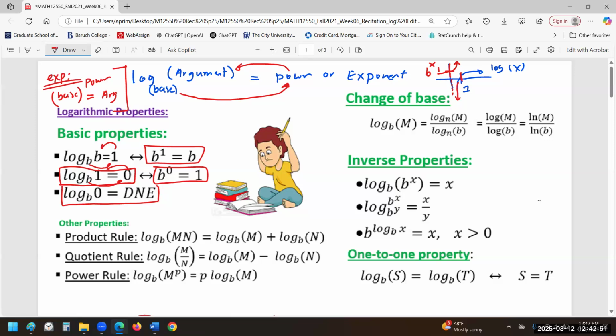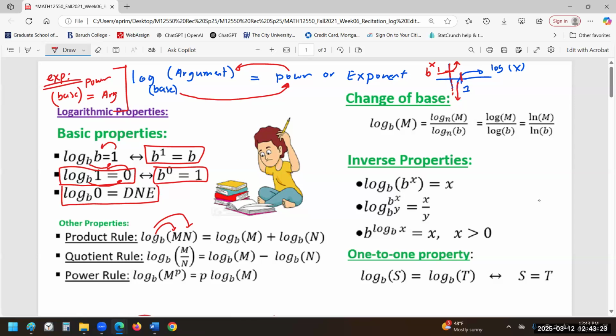And then we have some properties: product, quotient, power. So product says, if you have a multiplication in the argument, you can distribute the log to each one of them. And when you distribute, you're supposed to add them. So if you have log base b of the argument m times n, this is the same as log base b of m plus log base b of n.